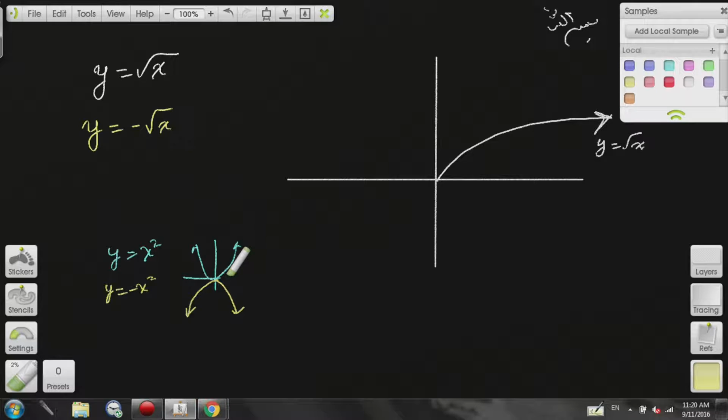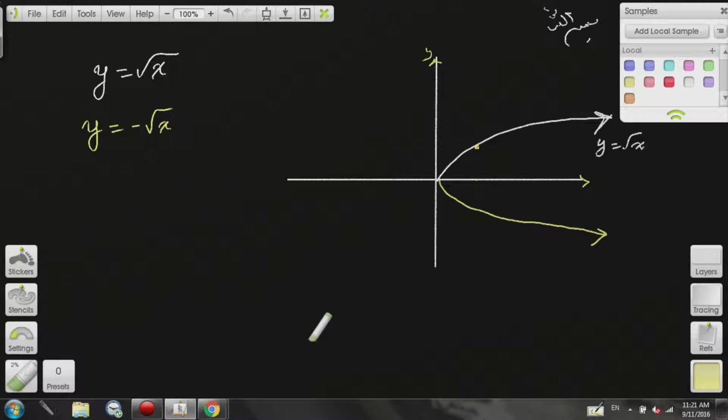The same thing here, because for every x value, this function is just going to negate it. So if the x value is this, it's going to minus that to bring it down here. So it's going to be a mirror image of this function across the x-axis. So this function is going to look like the mirror image of that function, like this. This is y equals negative square root of x.